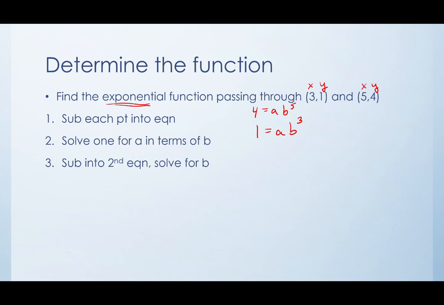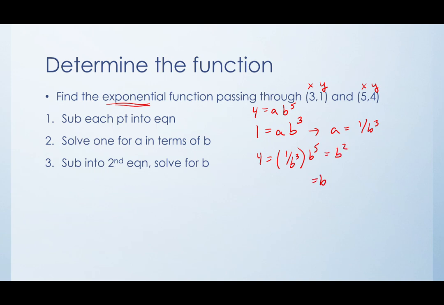So we could solve this equation for A in terms of B. A would be 1 over B cubed. And then I'm going to plug that into the second equation. So I've got 4 equals 1 over B cubed times B to the 5th. Simplify that, that's B squared.